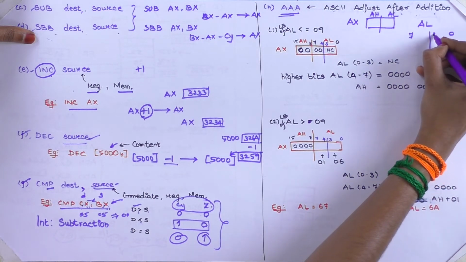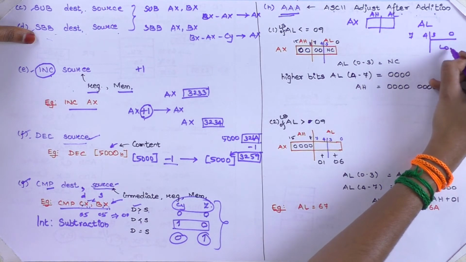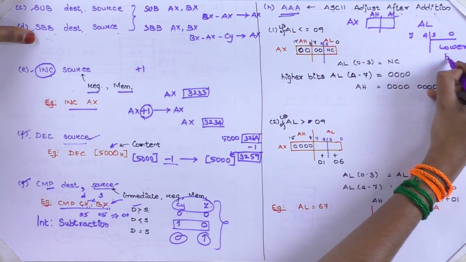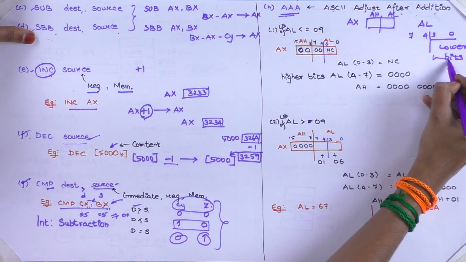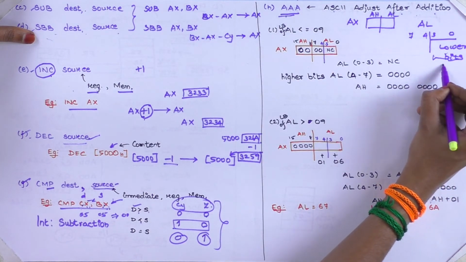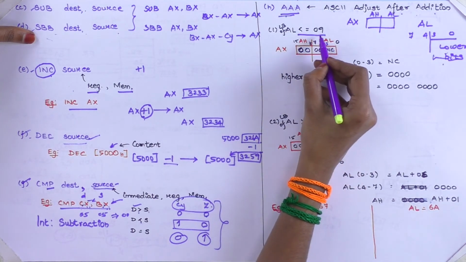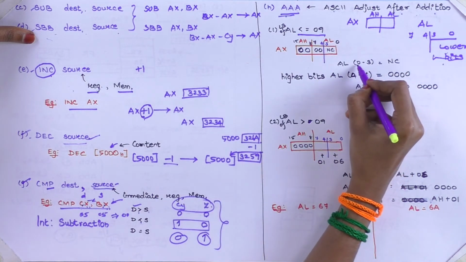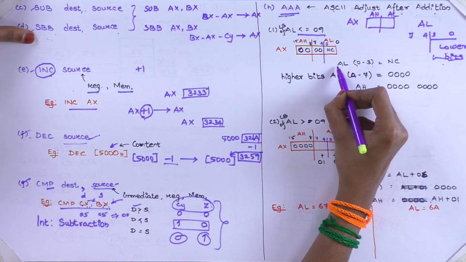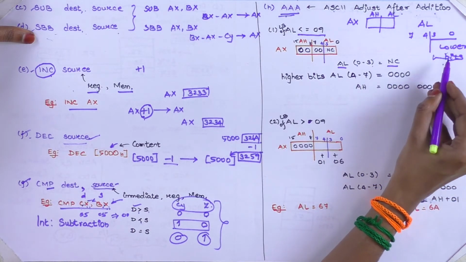Here bits 0 to 3 are the lower bits. What this instruction will do is check the lower bits and see whether the given value is less than or equal to 9. If it is less than or equal to 9, the value in bits 0 to 3 of AL will have no change; the value will remain the same.